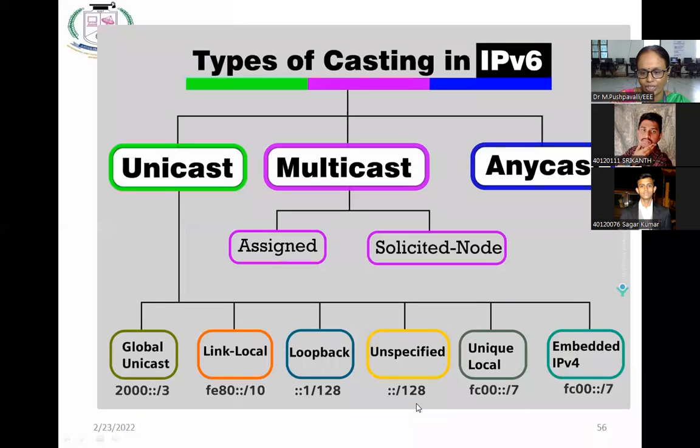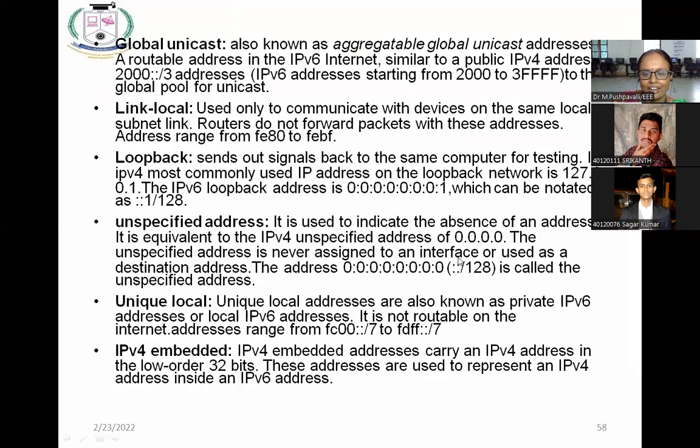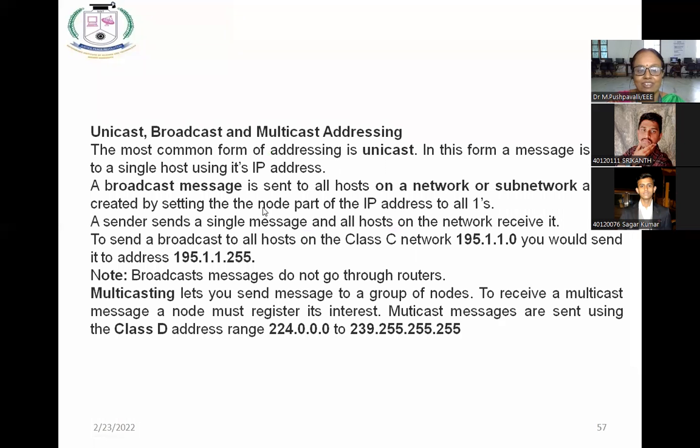Now when you see the types of casting, in IPv4 we normally have unicast, broadcast and multicast, and in IPv6 we have unicast, multicast and anycast. So you just see unicast, broadcast and multicast: how we are sending the message from a single host using the IP address.